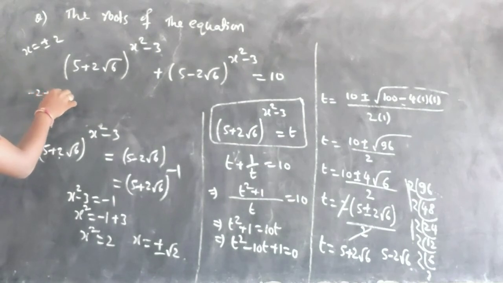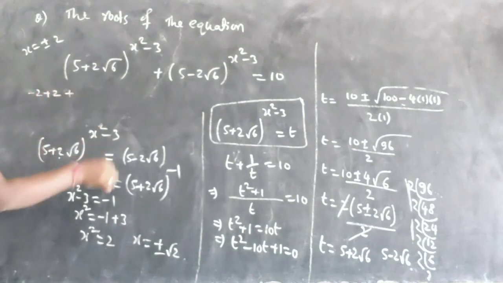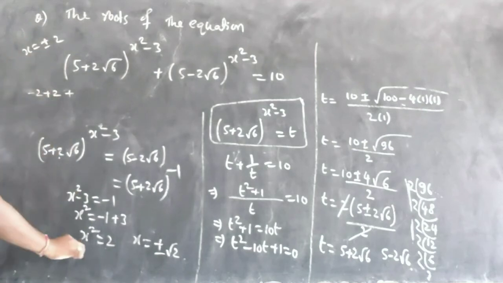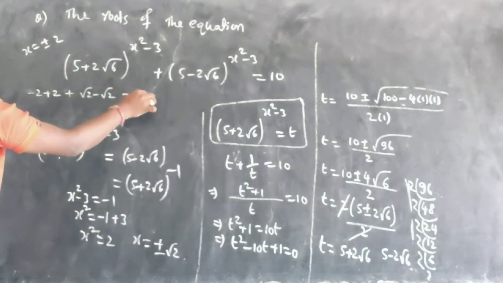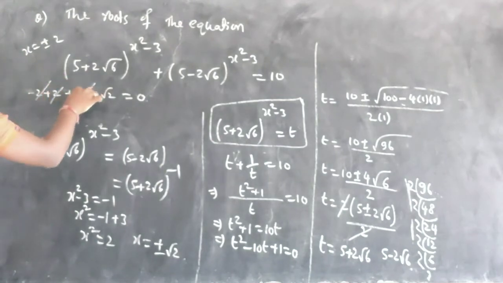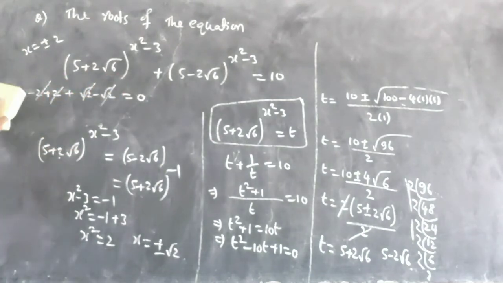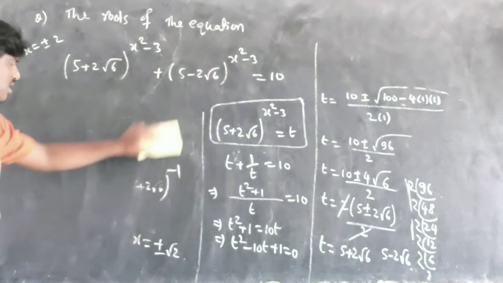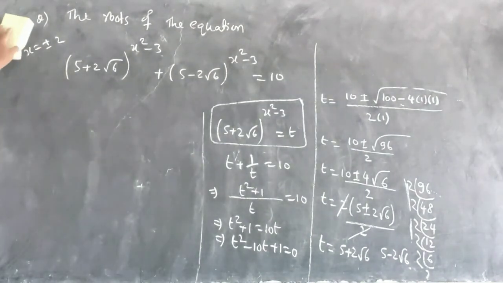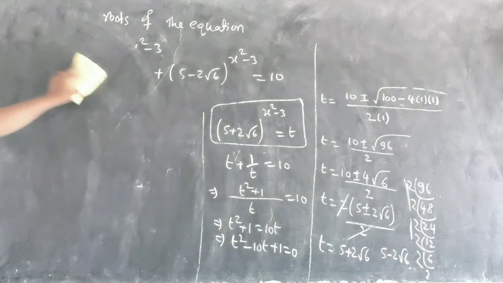Minus 2 plus 2, and sum of the values. So minus 2 plus root 2 minus root 2. Sum means here 0, because these all cancel out, you get 0. So the question can be changed. It can be a numerically based question also. That time the answer is 0. So I explained the method for this.